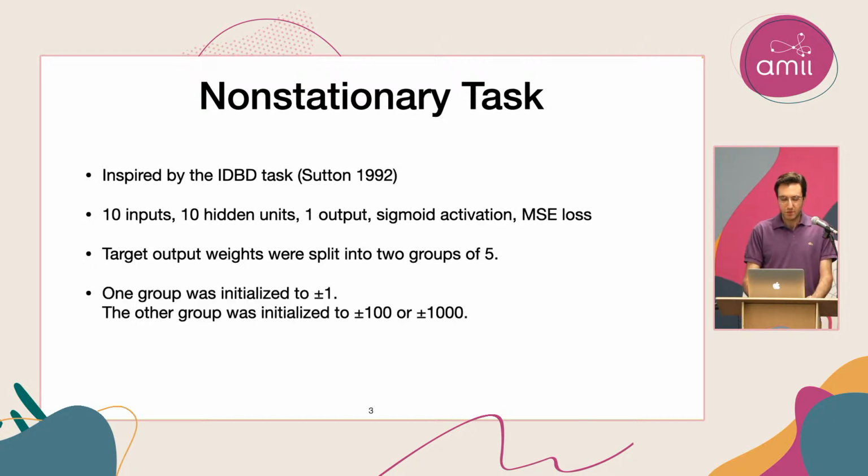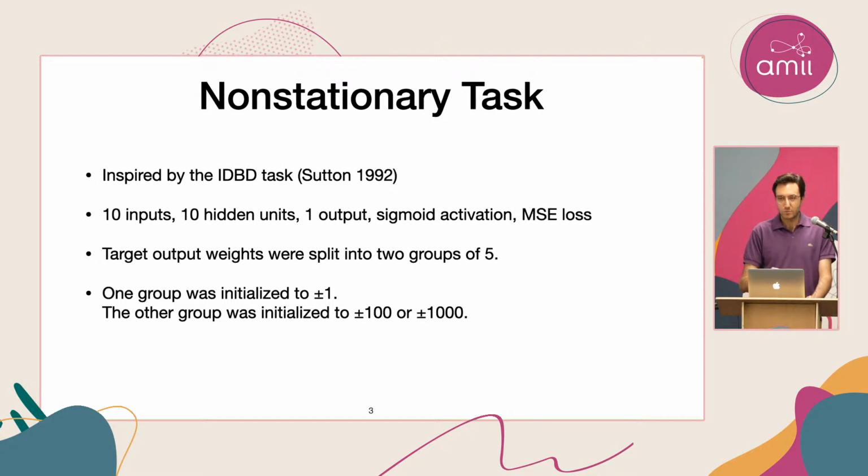One group is initialized to either +1 or -1, and the other group is initialized to either +100 or -100, and in a different setting of the same task, they're initialized instead to +1000 or -1000, so they have different magnitudes.